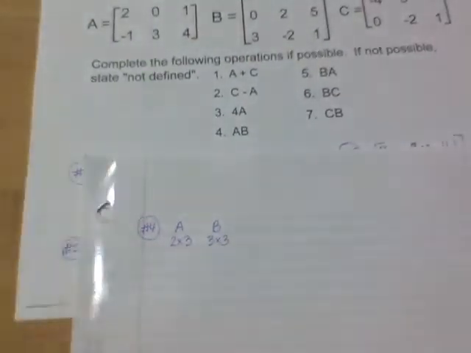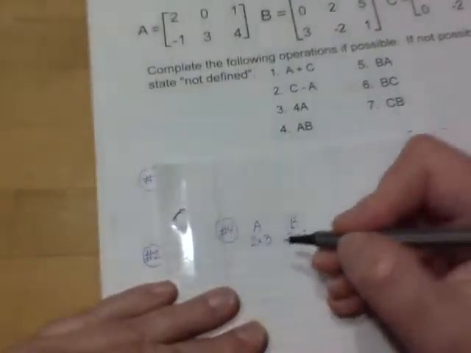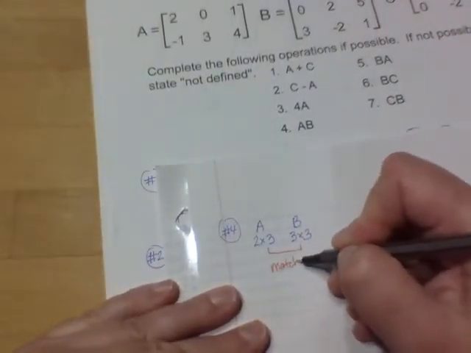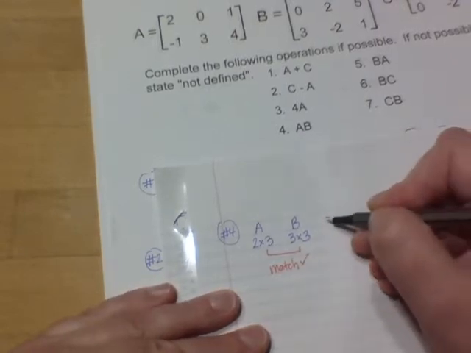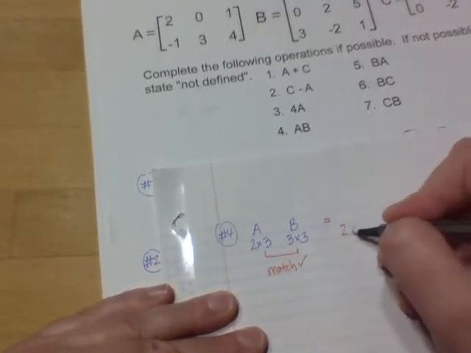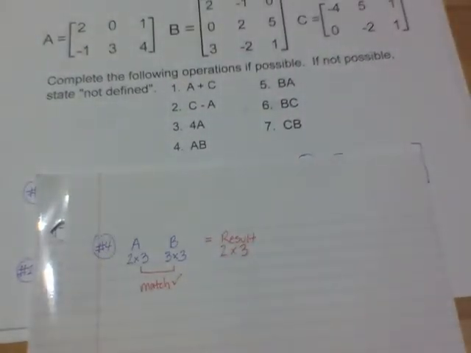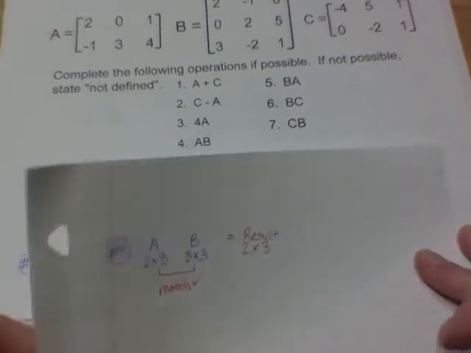And so remember that the only thing that we are looking for is that these match. And since those both match, we're going to get a resulting matrix that is a 2 by 3. And so we can multiply them, and now we're going to get our result.